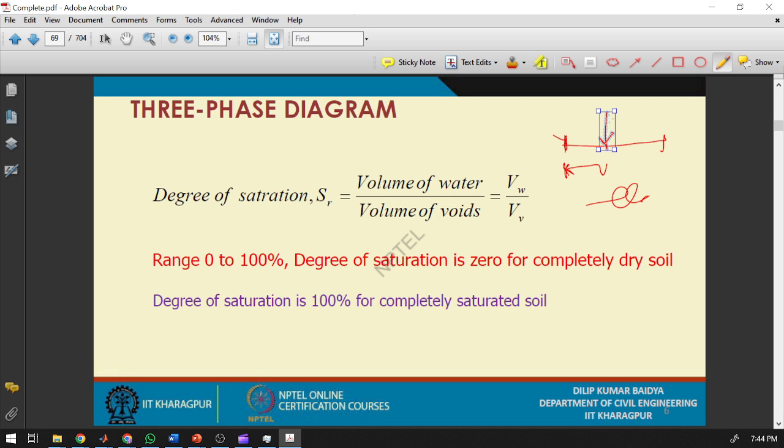When you talk about degree of compaction, degree of saturation, degree of consolidation, it is always a ratio like this, in which in the denominator you have the entire range that the particular property can take, and in the numerator you have the present value of that property.